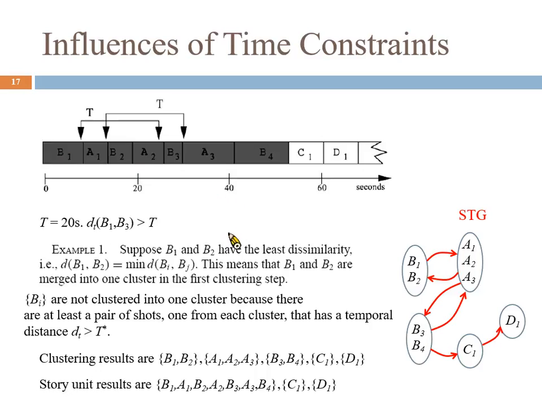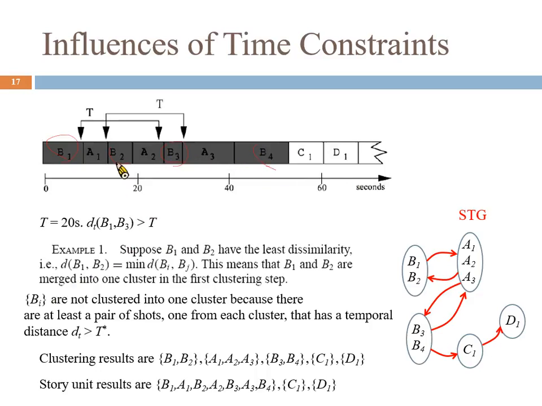So this is an example showing the inference of the time constraint. Assume that we have a video and we have several video shots, and the shots identified with the same capital letters have similar visual content. For example, B1 has similar visual content to B2 and B3 and B4 and so on.